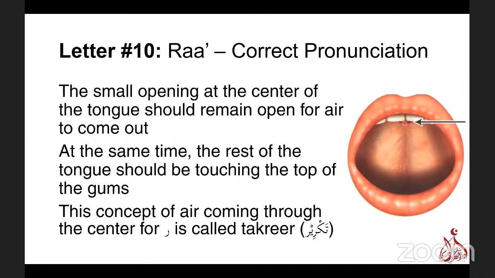If you make it too strong, it's going to turn into takrar, which is wrong, which is multiple ras. You have to keep it a light takreer. Ar-Rahmanir Rahim. I'm stretching to show the ra. So that shivering sound is called takreer, and that is part of pronouncing a ra.